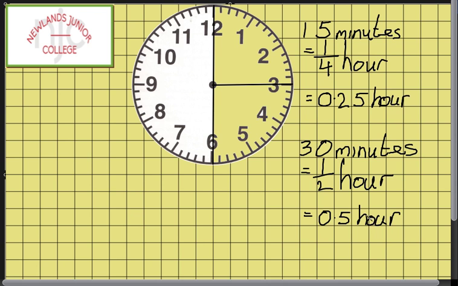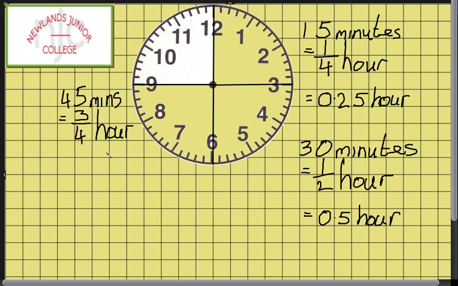Okay, one more to look at. What is 45 minutes going to look like on our clock face here? 45 minutes. Okay, that's us now got 45 minutes shaded in. So 45 minutes, and we can hopefully see that that is equal to 3/4 of an hour.